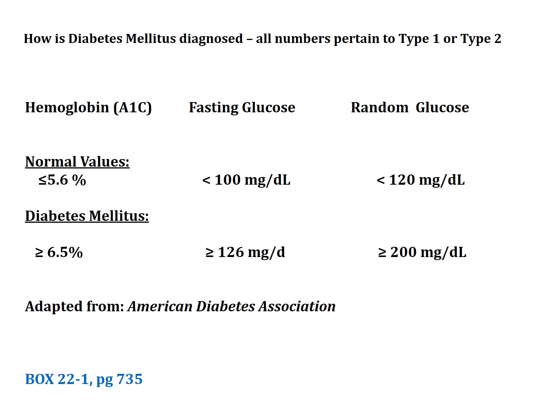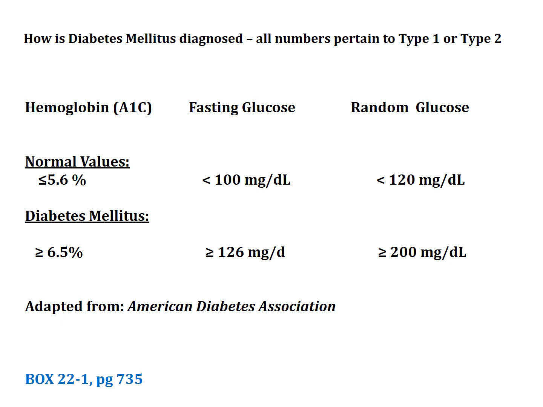If you hit these values, you have diabetes mellitus. Once you make a diagnosis of diabetes mellitus, you then want to determine what type the individual has. So let's start off first looking at the numbers.